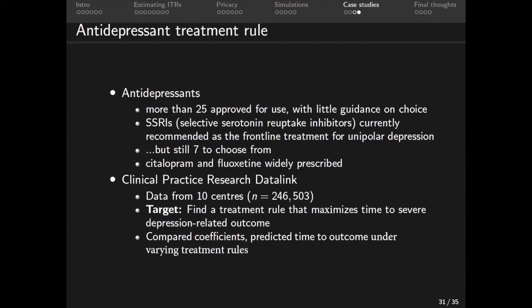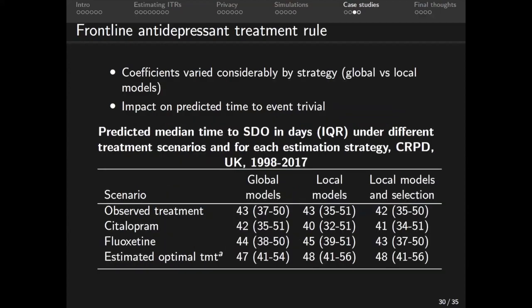Again, we compared our coefficients and predicted time to outcome under different strategies. So what we found is that the coefficients varied considerably by strategy, whether we were fitting sort of local models or fitting global models. But there was relatively little effect on the predicted time to event. We looked at among those who had these negative events, sort of the median time to a bad outcome was about 42, 43 days on the observed treatment.